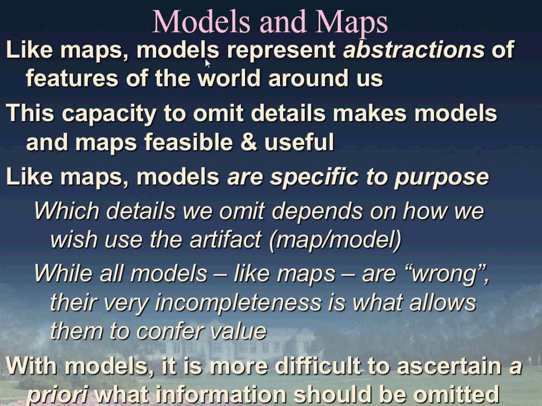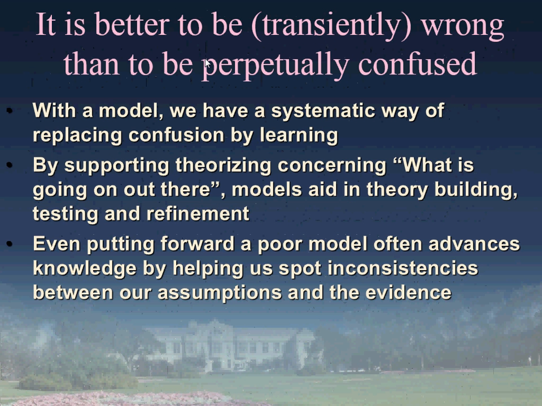One proviso with models, as it turns out, is that it's harder to know what should go in and what should be left out than with a map. We have to do a lot more experimentation. And this comes to an observation that Jeff is fond of quoting, of Francis Bacon, one of the fathers of modern philosophy of science.